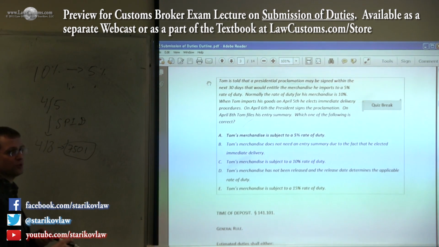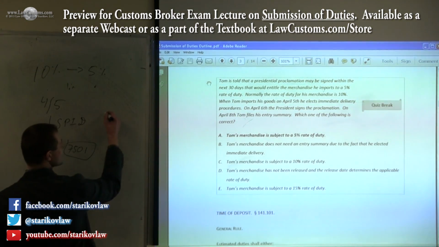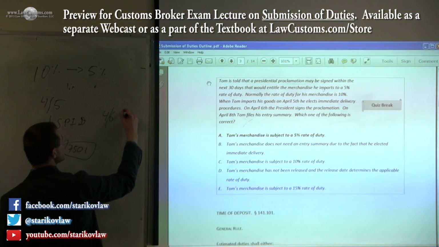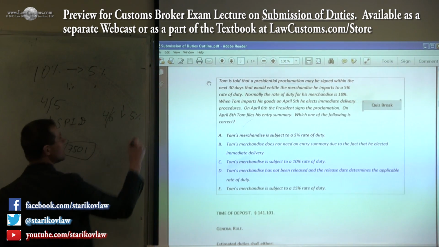What do we know about special permit for immediate delivery? The date of entry is the date when 7501 is filed. When is it filed? On 4/8. When does the president sign the document? On April 6th. I think customs examiners are trying to suggest that on 4/6 the duty rate went down to 5%.